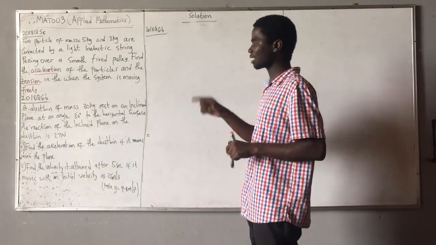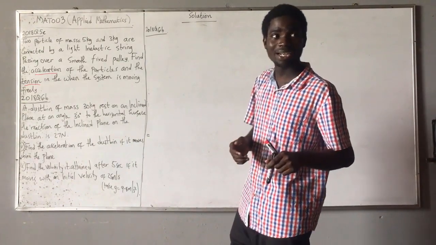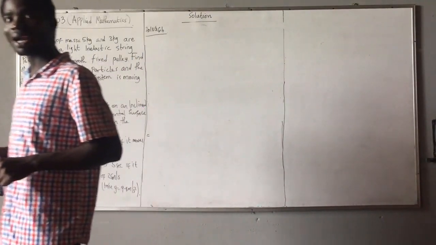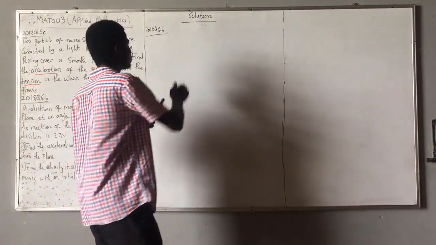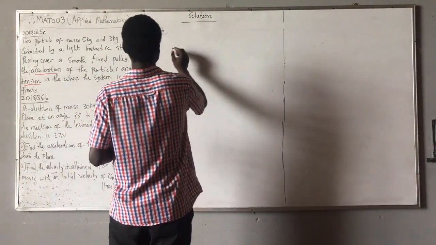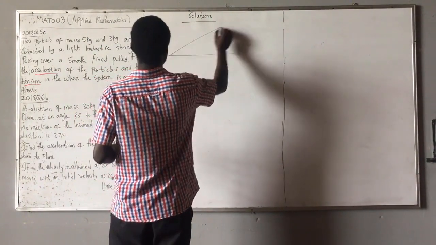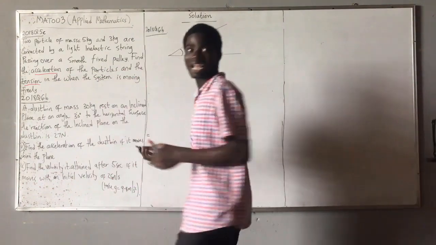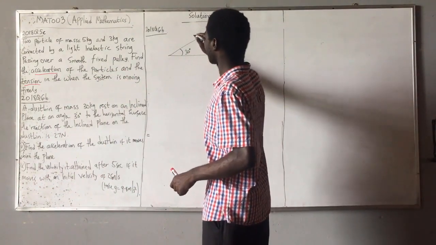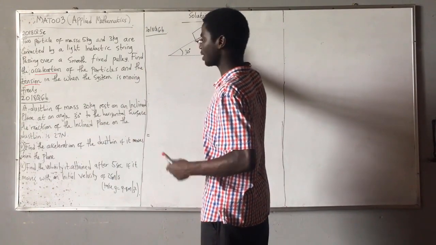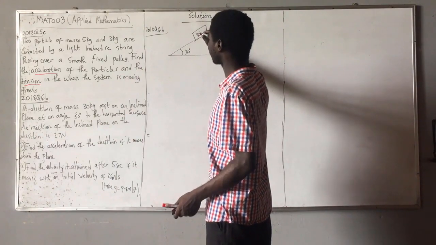A dustbin of mass 30 kg. Don't forget it is already an inclined plane problem, right? So what are we going to do? You are going to draw an inclined plane. The angle is 30 degrees. This is the mass 30 kg.